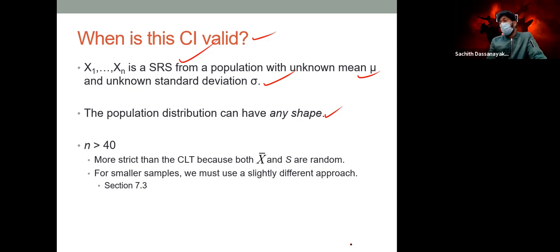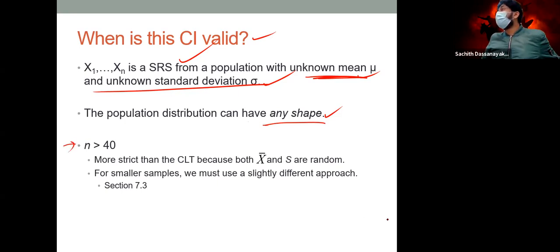If n is not large enough, so you cannot deal with the confidence interval if you don't know these two, except you can assume it is normally distributed, or you can get the sample standard deviation S. The population can have any shape, but if n is large enough, which for this course we consider greater than or equal to 40, that's fine.